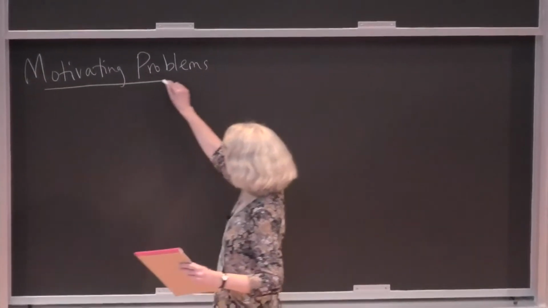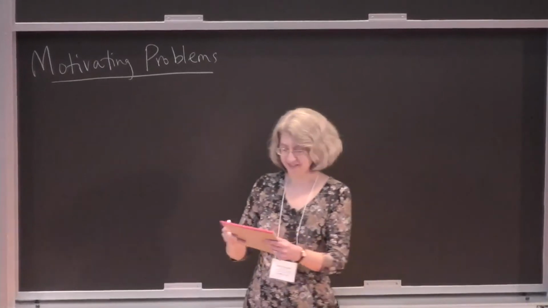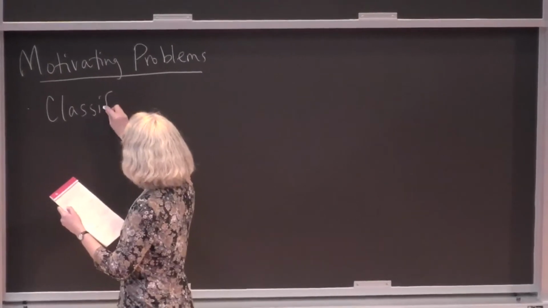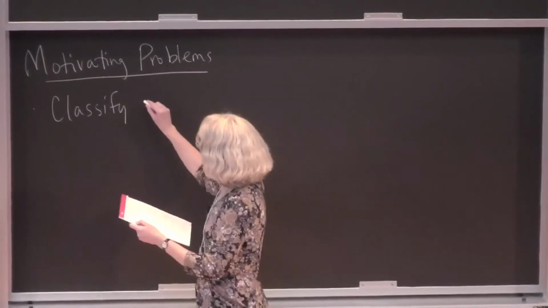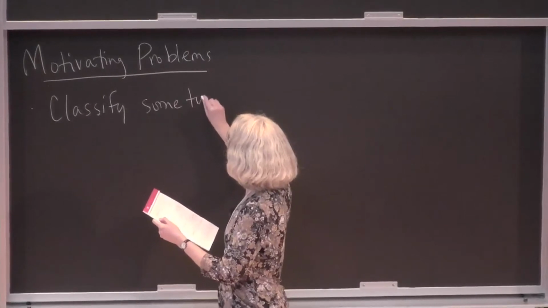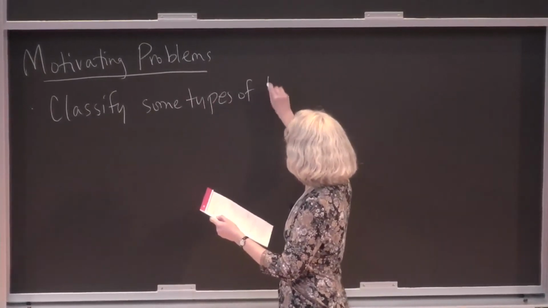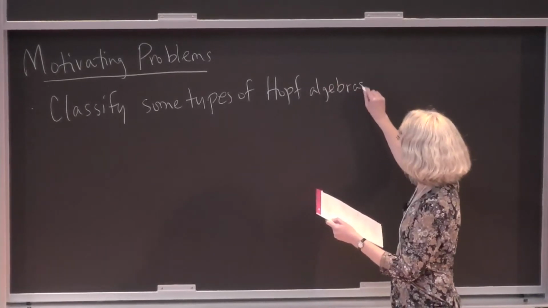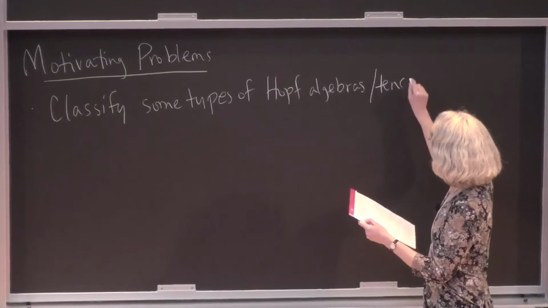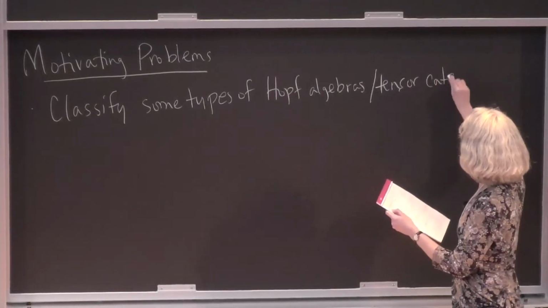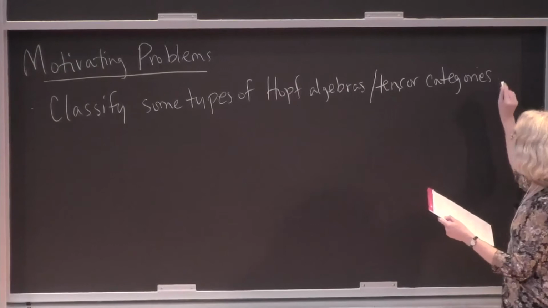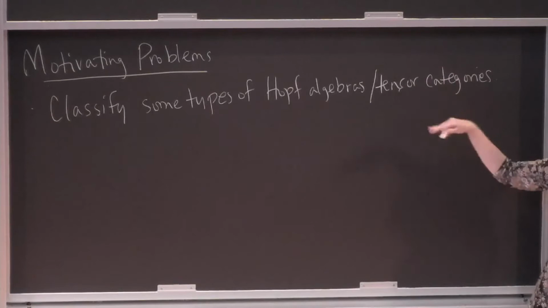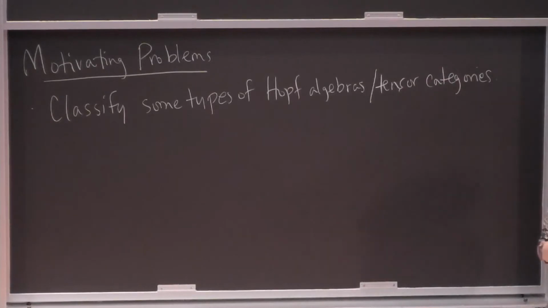So one recurring problem is classification of various tensor categories. So we'd like to classify some types of Hopf algebras or tensor categories. And we've been seeing that if you put some adjectives on these, then there's a lot of work and there's some hope to do some classification.